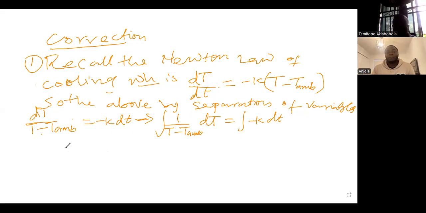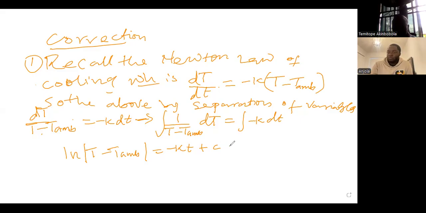So this will be ln of the absolute value of T minus T ambient equals minus kt plus c, where c is the constant of integration.